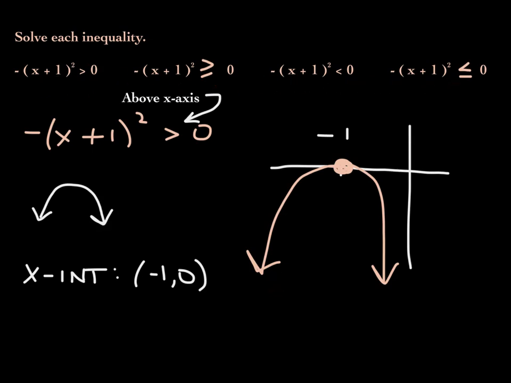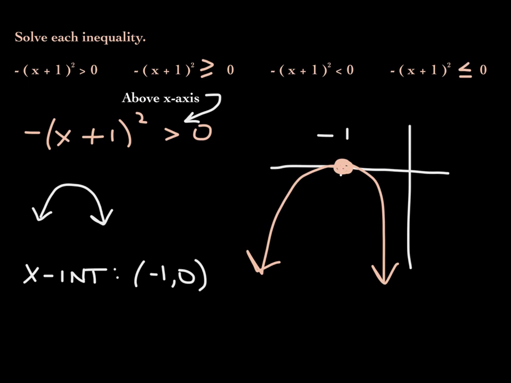So again, all we really cared about was the x-intercept and the direction. Hey, just for this example, notice that the x-intercept happens to be right on the x-axis. And notice that whenever the x-intercept happens to be right on the x-axis, that is also the vertex. It's kind of cool.